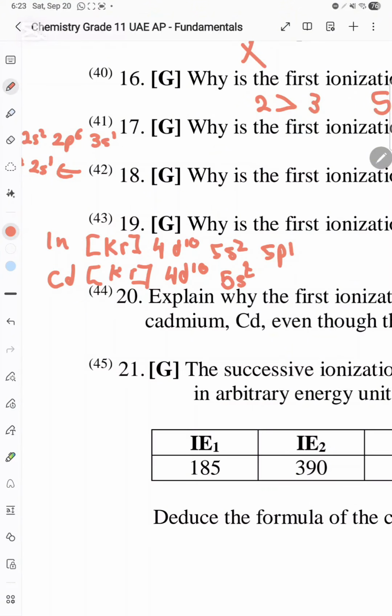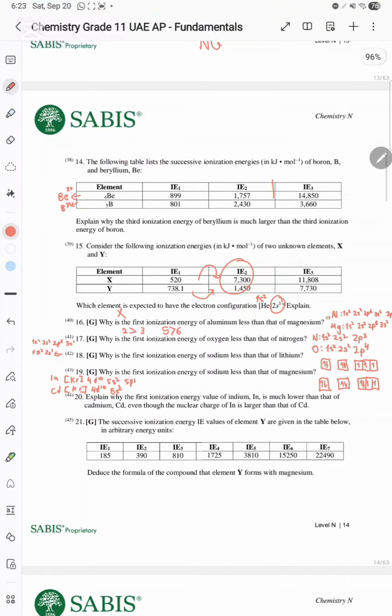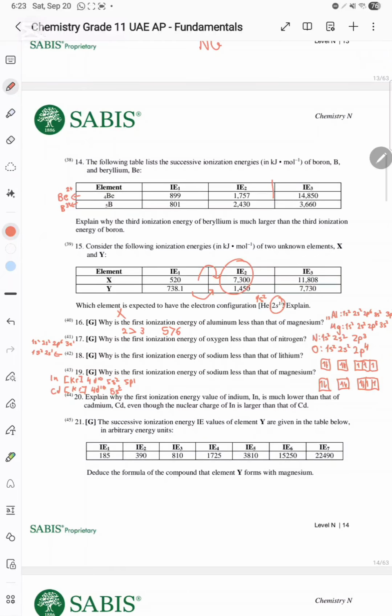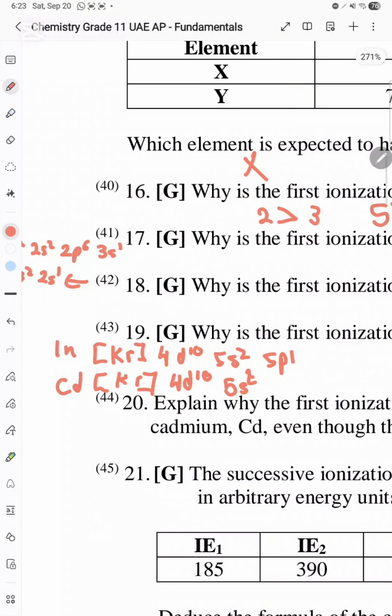So the question is asking why indium needs less energy than taking from cadmium, even though indium is to the right of it on the periodic table. Always, the first thing you need to do is write down the electronic configuration.